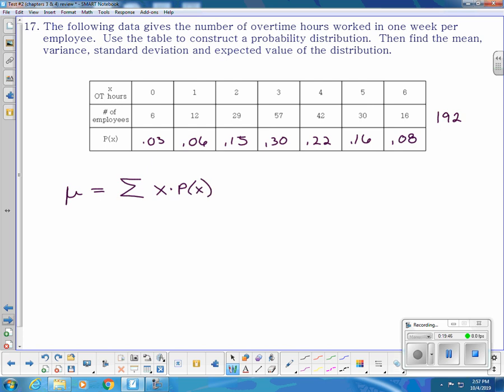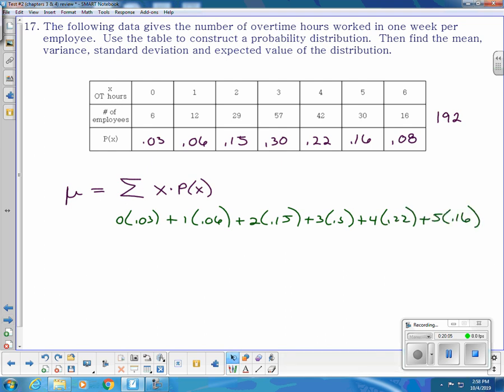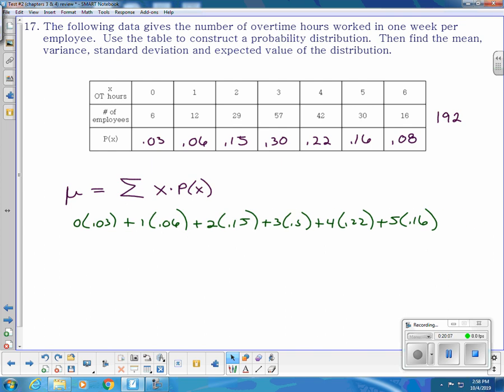So you're going to do 0 times 0.03 plus 1 times 0.06 plus 2 times 0.15 plus 3 times 0.3 plus 4 times 0.22 plus 5 times 0.16 plus 6 times 0.08. And you're going to find the mean to be 3.42.